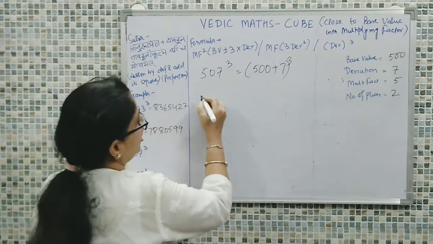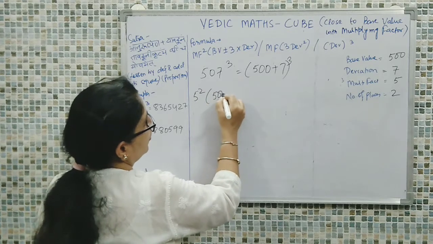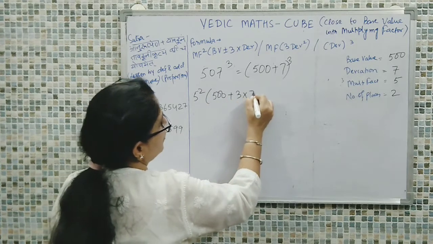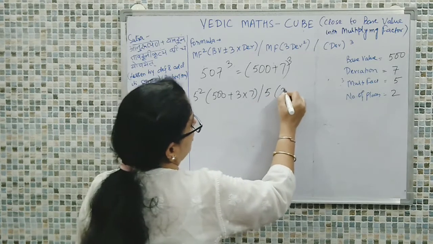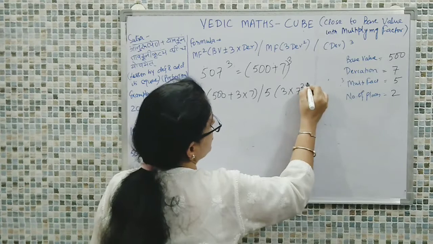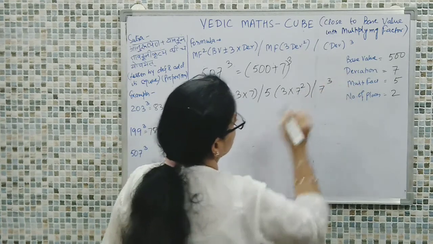So we have the square of the multiplying factor times the base value plus 3 times the deviation, then the multiplying factor times 3 times the deviation square, and finally the deviation cube.